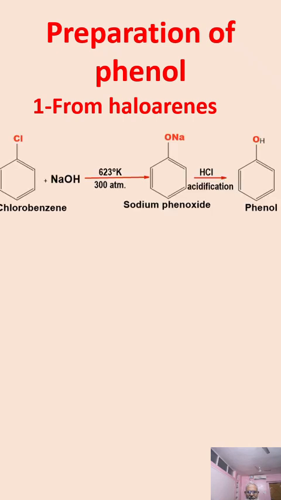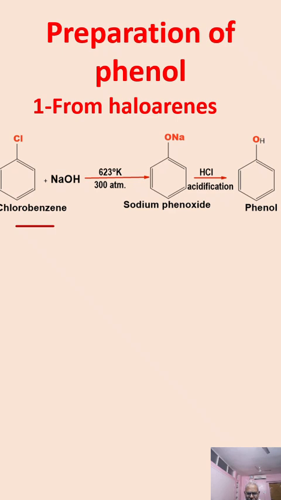Preparation of phenol, the first method, from haloarenes. For example, you have taken chlorobenzene, and we treat it with sodium hydroxide at 623 Kelvin and 300 atmospheric pressure.